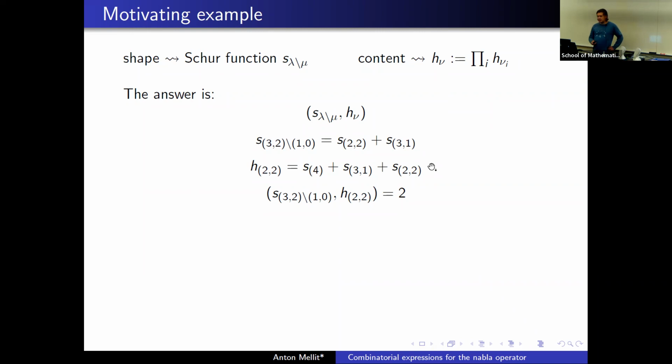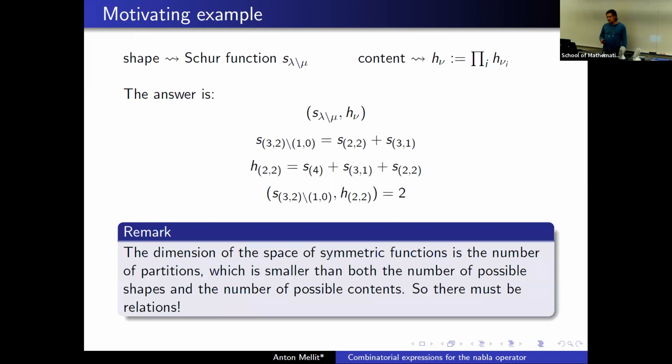And then you take the scalar product, which means you count how many: there is S22 here, and there is S22 here, and there is S31 here and S31 here. So the scalar product is 2. And that's exactly the 2 from the counting problem.